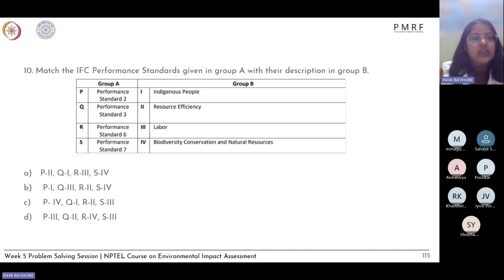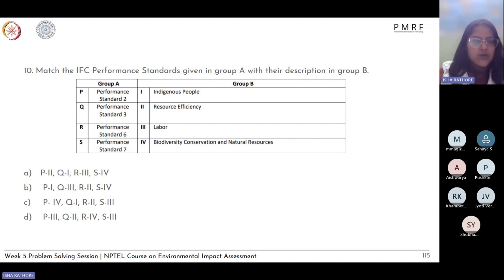Okay, moving on. So you need to match the IFC performance standards given in Group A with their description in Group B. So different standards and what area or category do they deal with? We have discussed all of these in this week's content.